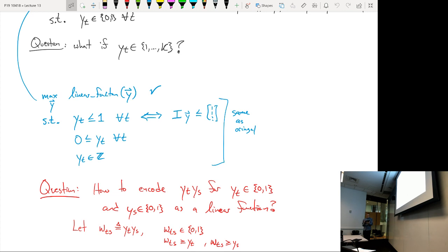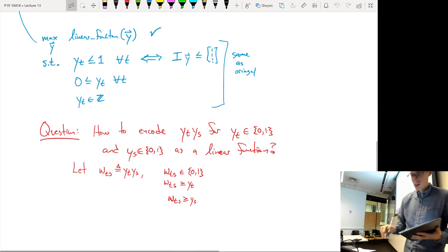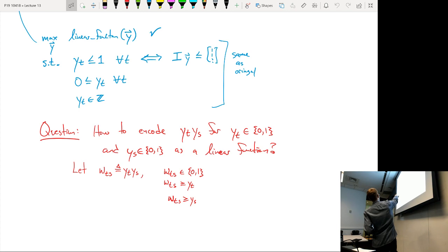Okay, so this would ensure that WTS is only 1 when both of these are 1. How could we ensure that WTS is 0 when either of these is 0? This is an OR problem.